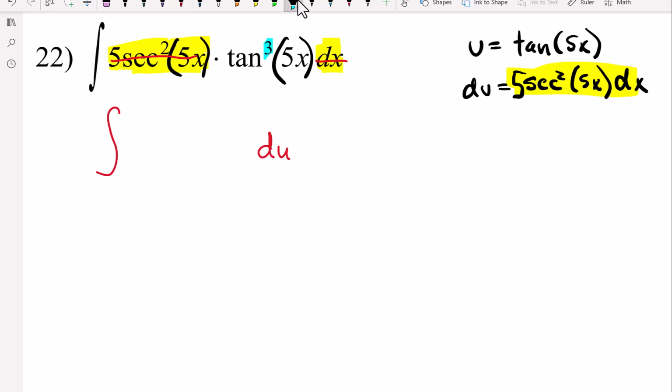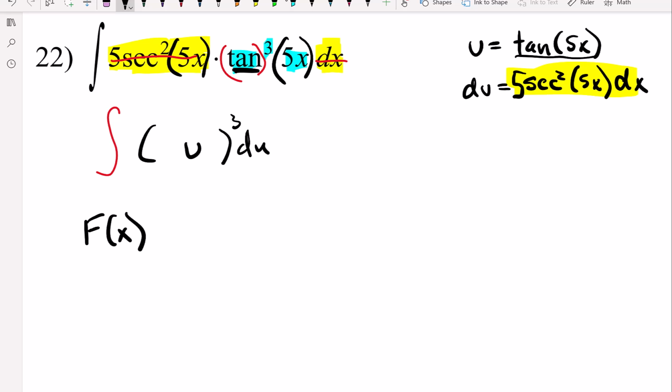And then what we have left is u cubed du, because here's our u, and this stuff right here is being raised to the third power. All right, and this should be written close to it like that.